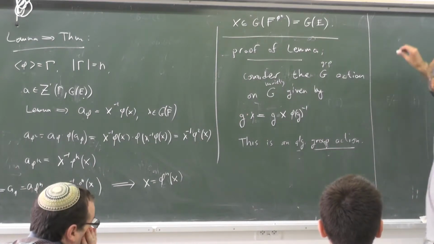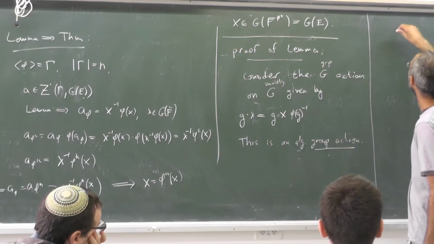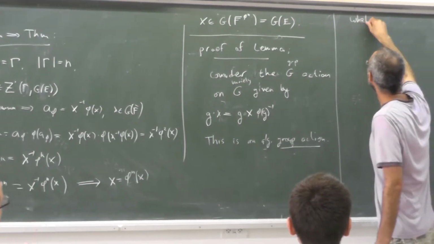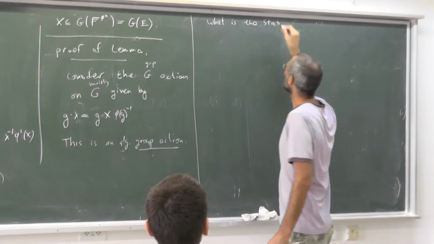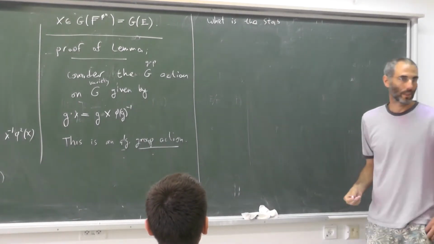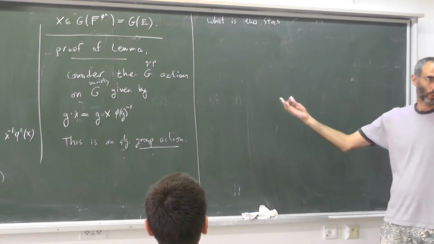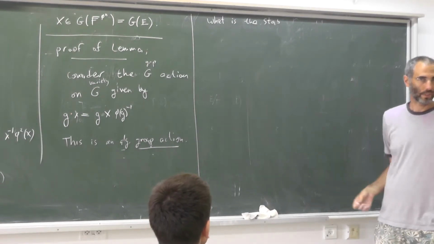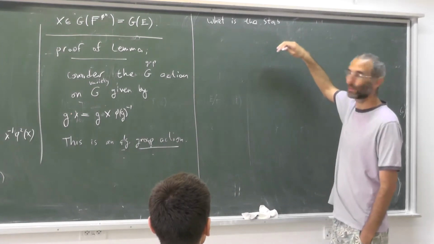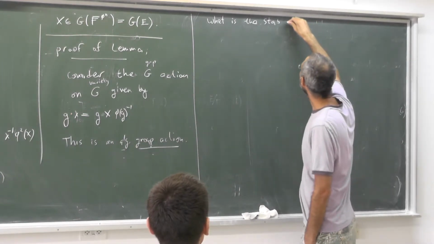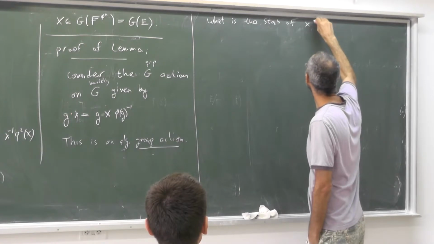So let me ask the question. I want to say something about the orbit structure of this action. Actually, I want to say that there is one orbit. This is what I'm doing. So instead of looking at orbits first, we look at the stabilizer. What is the stabilizer of x?